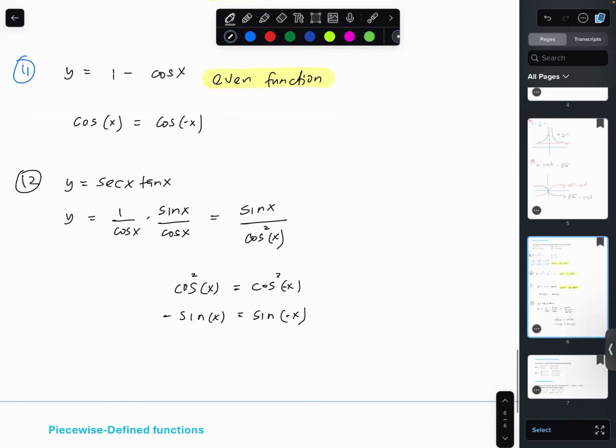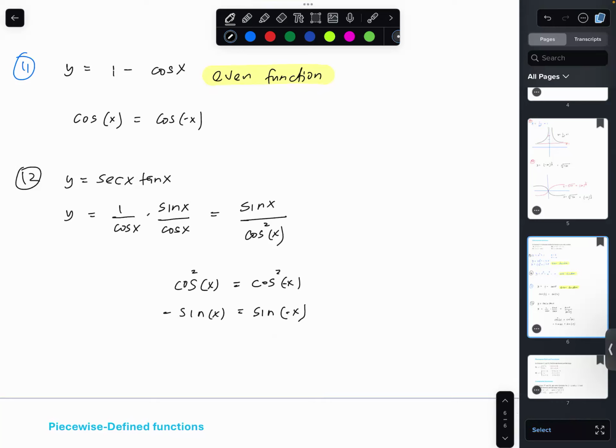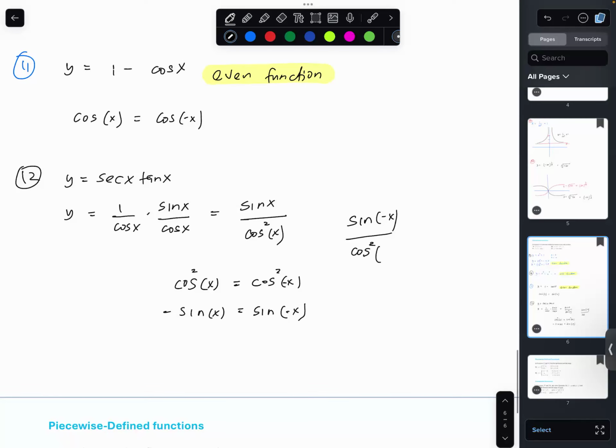Because of this last statement, we can see that this should be an odd function, because sine of negative x over cos squared of negative x is equal to minus sine x over cos squared of x. So this is an odd function.